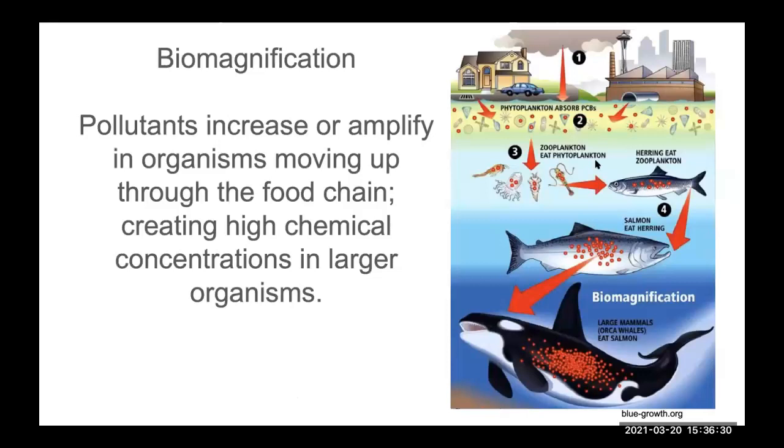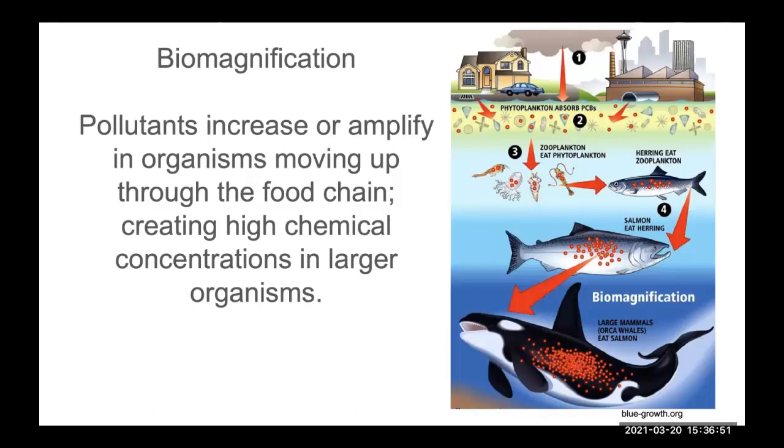The last thing I wanted to talk about is biomagnification, because as these pollutants increase, they amplify in organisms as they move through the food chain. So we'll have this pollution problem where the phytoplankton and bacteria and cyanobacteria are taking in pollutants.